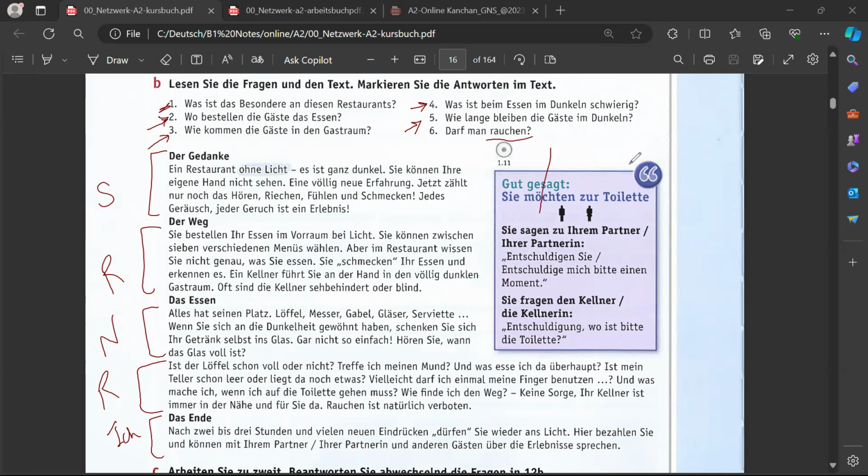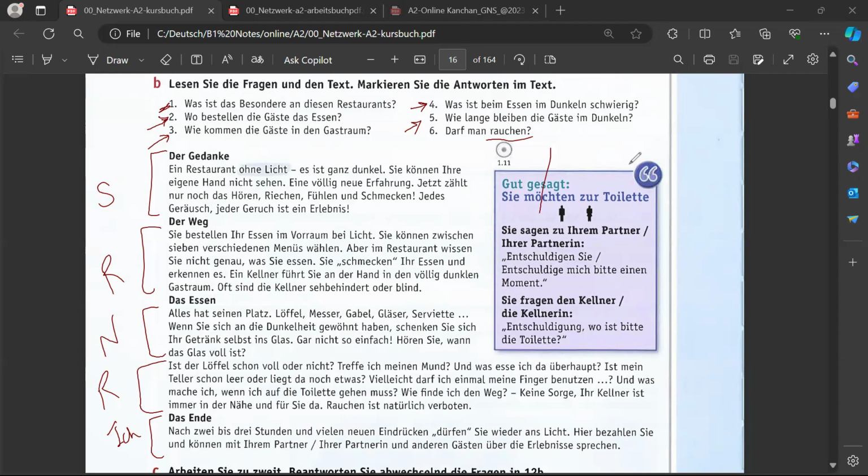You can choose between 7 different menus, but in the restaurant you don't know exactly what you eat. Sie schmecken Ihr Essen und erkennen es. You taste the food and recognize it.